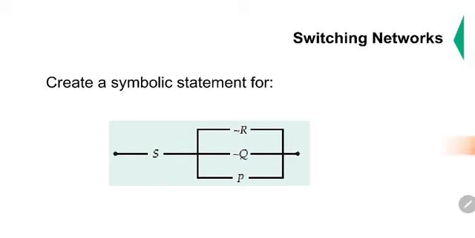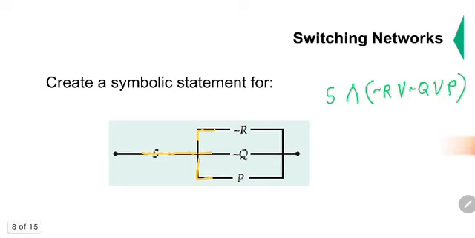For sure, you have to pass through S. You can go here, negation R, or here, negation Q, or here, P. So definitely you have to go through S and either of the three paths: negation R or negation Q or P. This is how your symbolic statement will look if you're given this network.